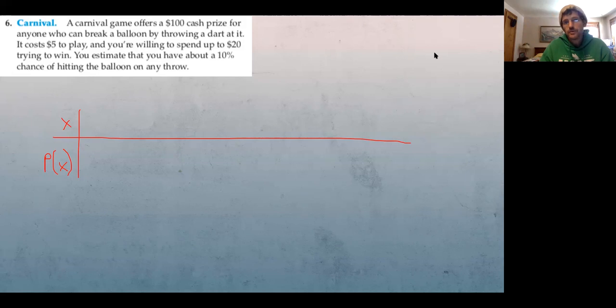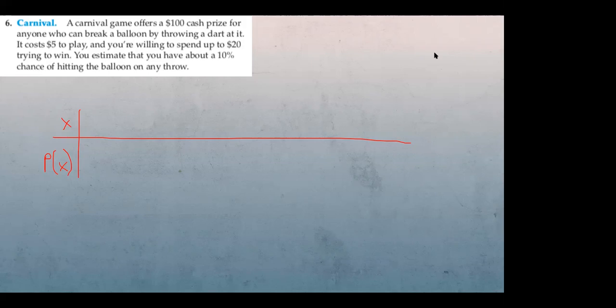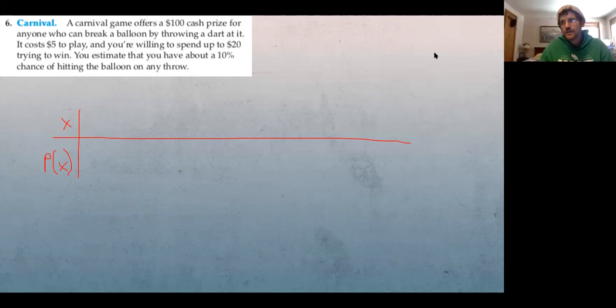If we don't limit it that way, it gets very complex. So let me ask this question. If you hit a balloon on your first game, what's your outcome? You win the $100, and how much money are you out? $5.